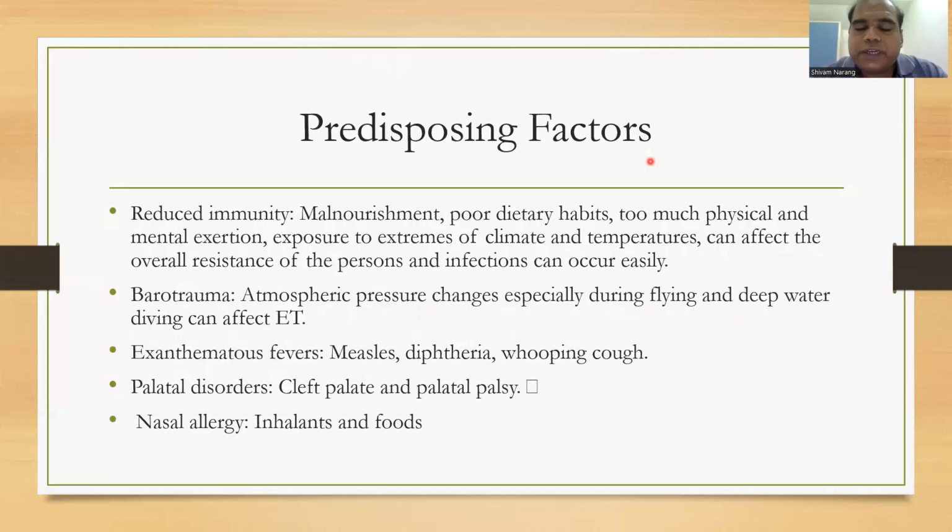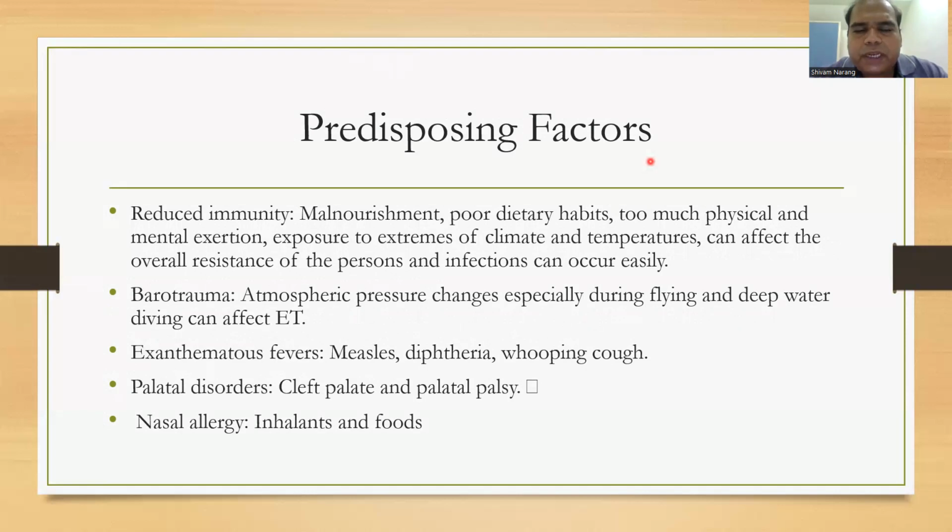The predisposing factors present in the patient that help in development of the infection: reduced immunity. Reduced immunity can be in malnutrition patients, poor dietary intake habits, micronutrient deficiency too.